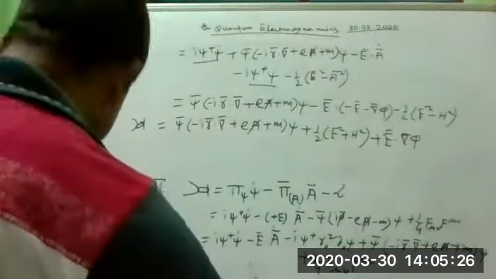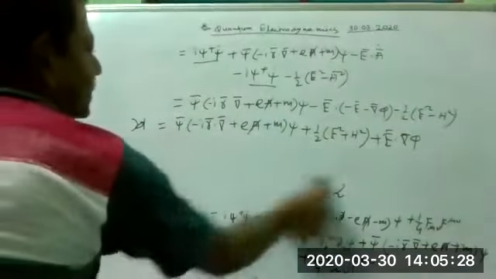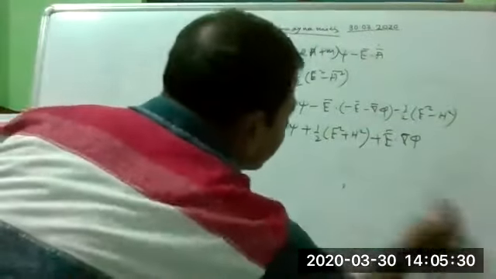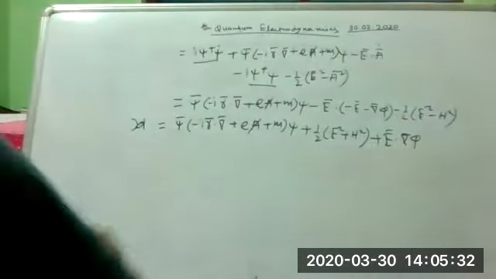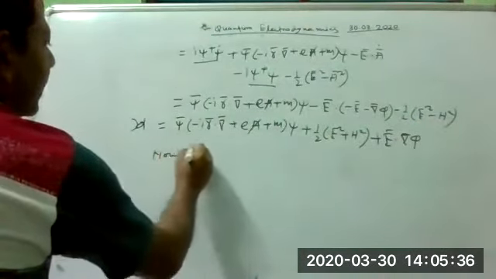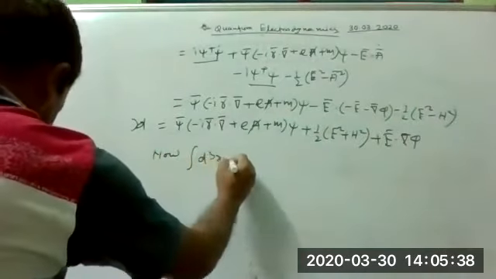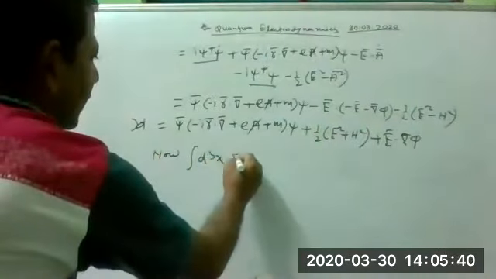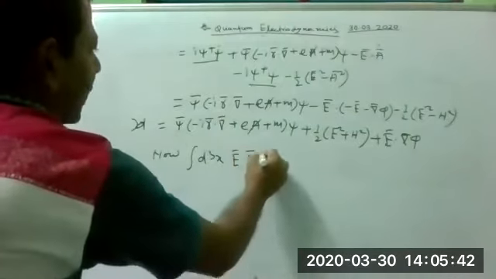Now we evaluate the last term of this equation. First we derive the integral over d^3x of E dot grad phi.